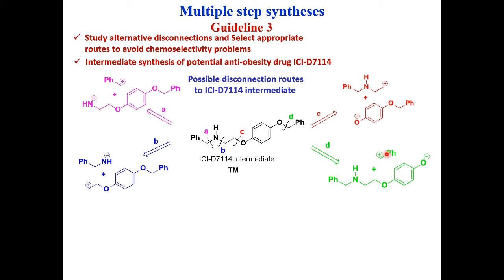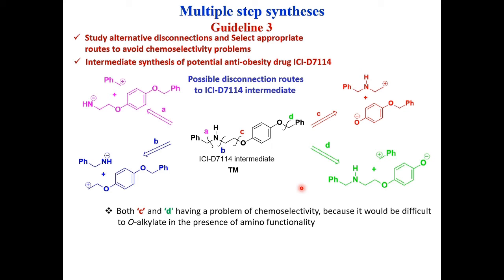Similarly here also, when you are going to alkylate this phenol, you will have the amino functionality, and that will create a problem in chemoselectivity. So then we have the disconnections A and B.